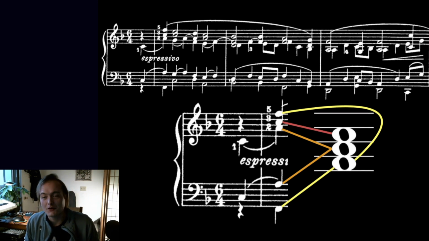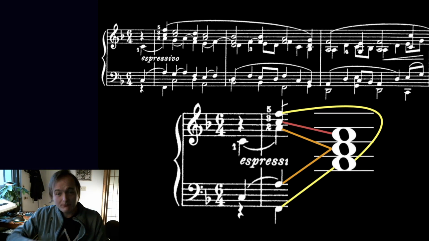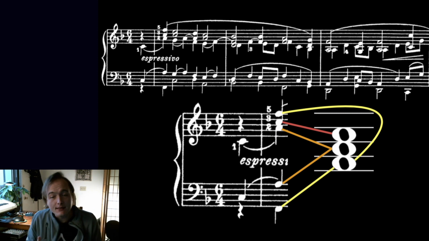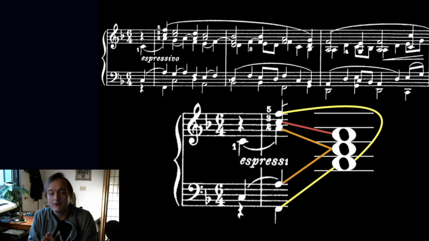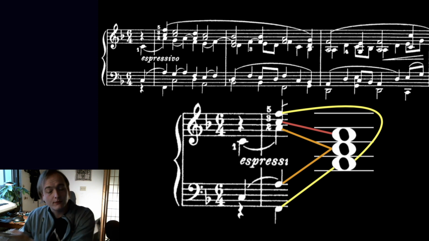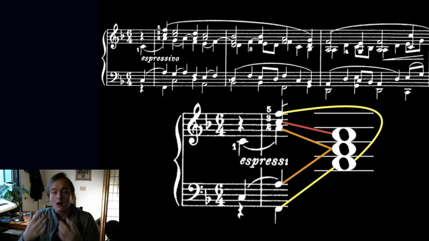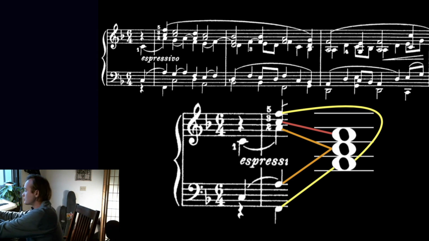And finally, the triad is completed by the presence of C in the middle of the upper part. Now you can see that all three notes of the chord are present, and only those three notes are present, so that this chord articulates a big, beautiful triad.